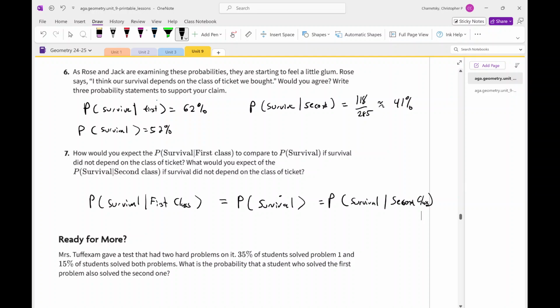That is obviously not the case. So survival on the Titanic really depended on your ticket.